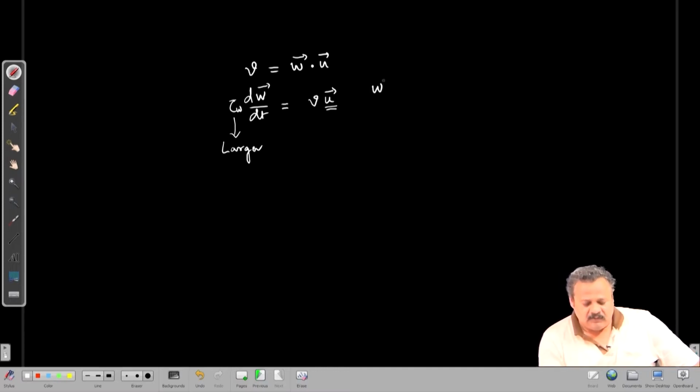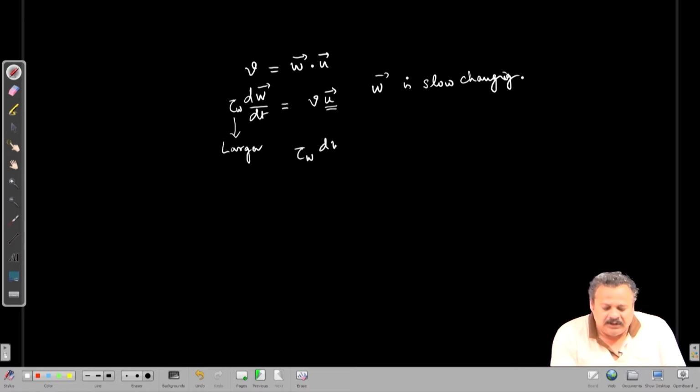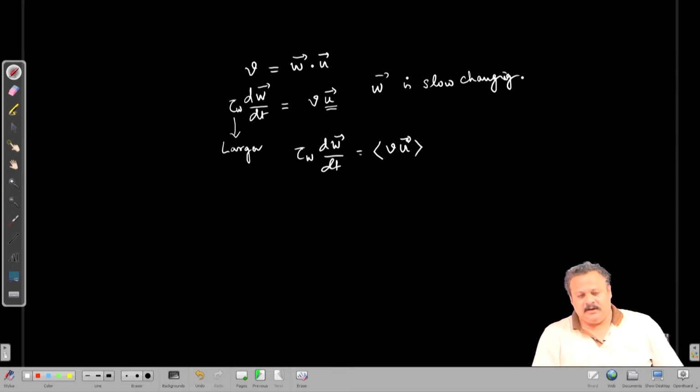So, W, the weight, is slow changing, and there are a number of inputs that are coming in by the time W is changing. So, the overall tau W dW/dt would then be represented by an average of all the patterns of input that are being provided. So, time average, or based on all the inputs.